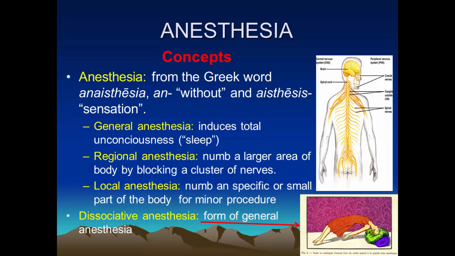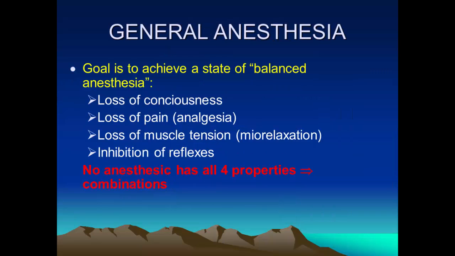And this brings us to the next idea, that even though we can call any drug which creates unconsciousness an anesthetic, it doesn't really necessarily imply that the animal is in a proper state to carry out a surgical procedure.